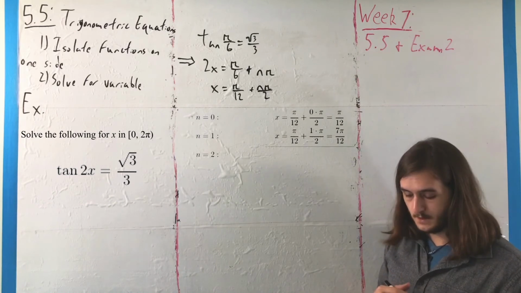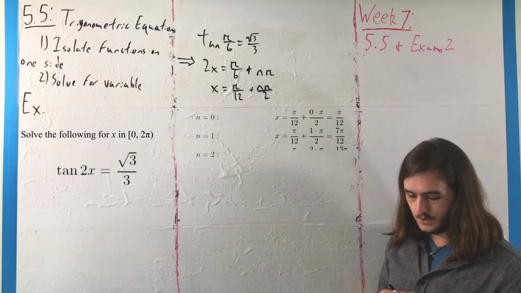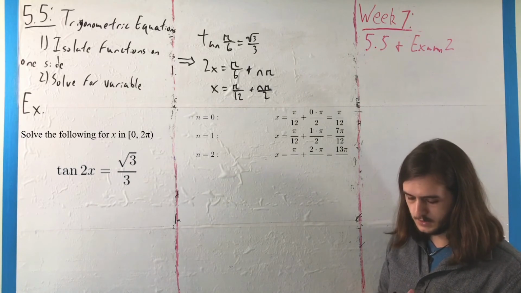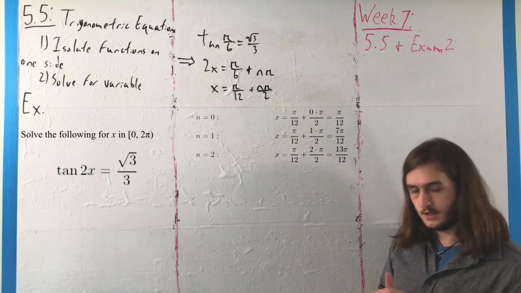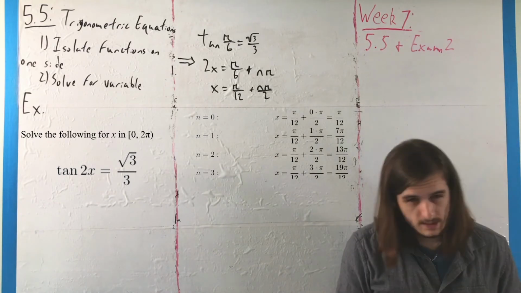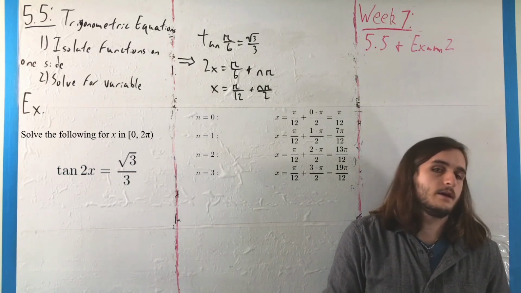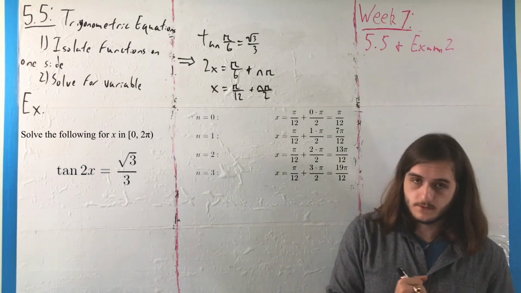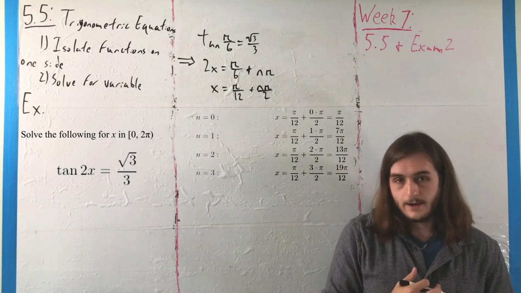At n equals 2, we have pi over 12 plus pi, which would give us 13 pi over 12. And then finally, at n equals 3, we would get 19 pi over 12 for much the same reason. And if we kept going beyond that, we would then go above 2 pi, so we would be outside the range.